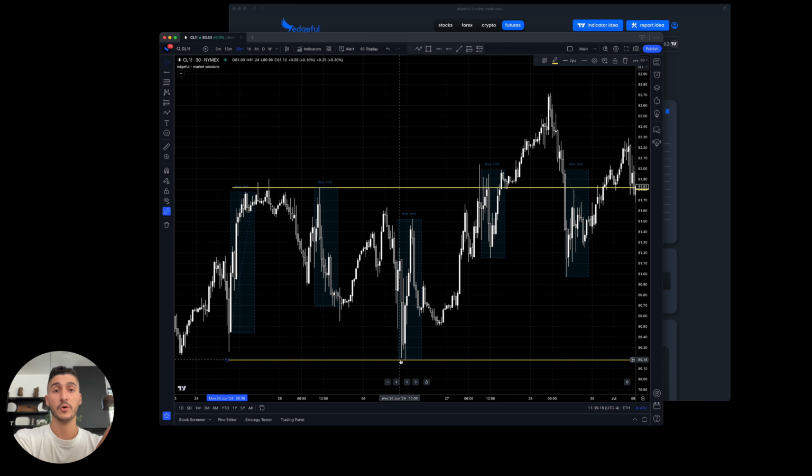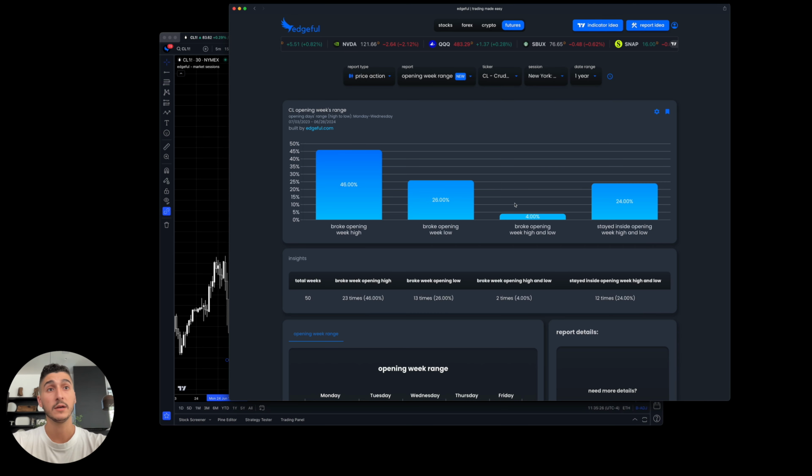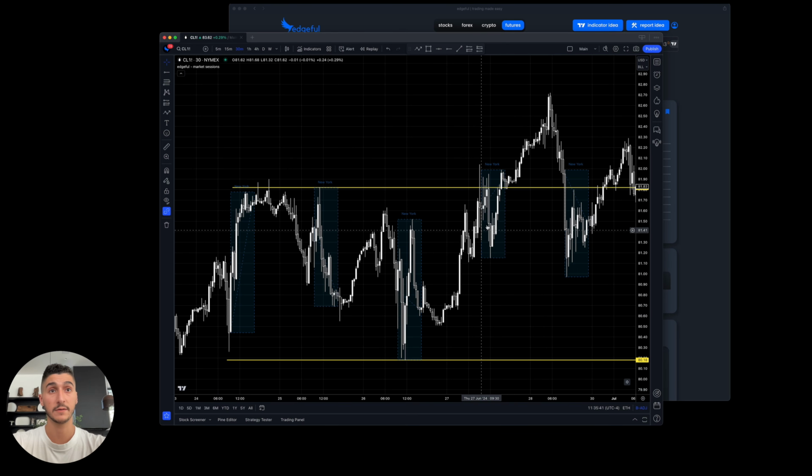Now we only have 2 more days to allow for the break to happen. So only the high broke in this case. Price never retraced back to these lows on Thursday or Friday. So you can see that 46% of the time you can expect the highs to break, 26% of the time you can expect the lows to break. And in this case, you can expect a little bit more for price to stay within this range, so price to range within these 2 lines.